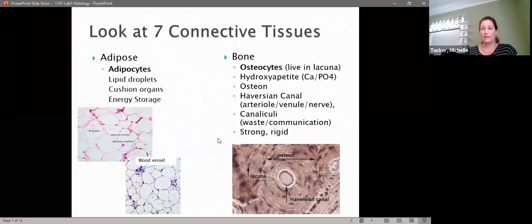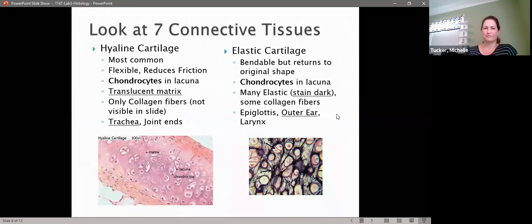Oh, and bone is also highly vascular, by the way, because there is a central canal, and it has an artery going through. Volkmann's canal is kind of an older term, but central canal is a common term, and it'll have an arteriole, a venule, and a nerve going through. So you'll find the central canal, and we'll talk about that in lecture.